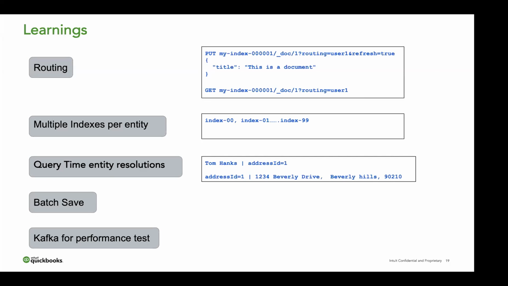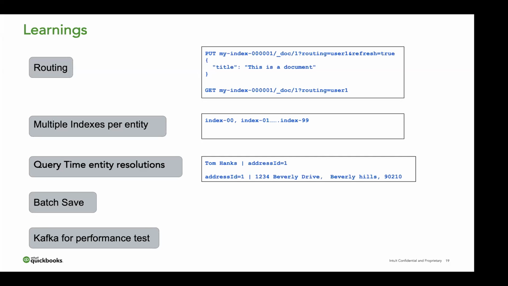Using Kafka for performance testing is basically to test the scale of Elasticsearch at 10x, 20x precisely. The real-time data that you get can only provide you a certain performance test.